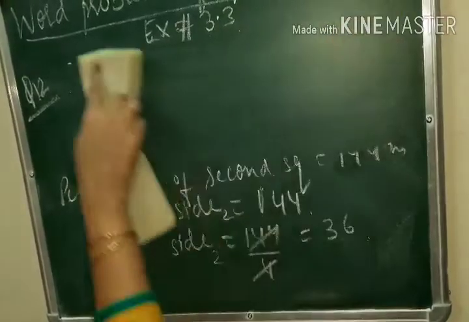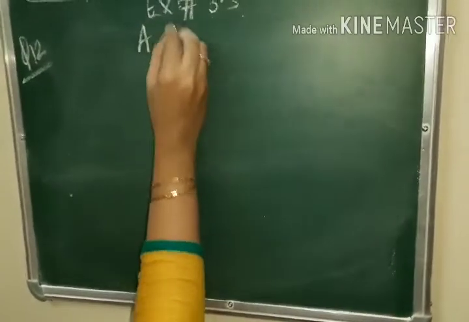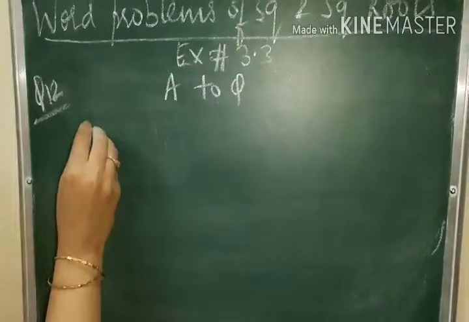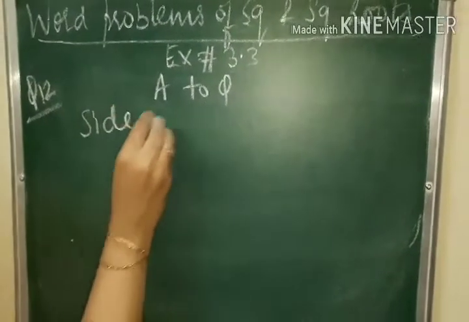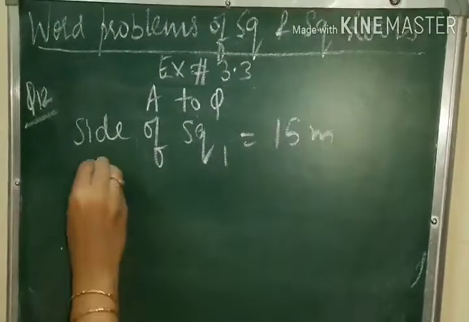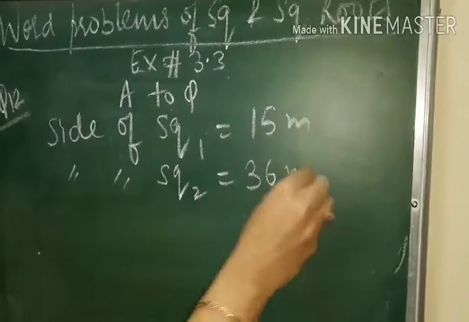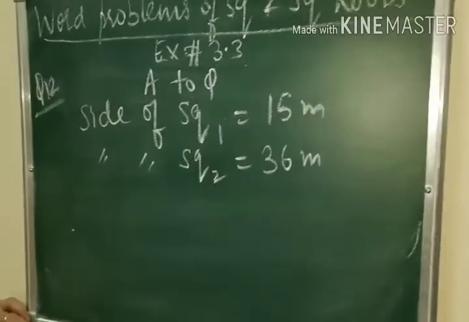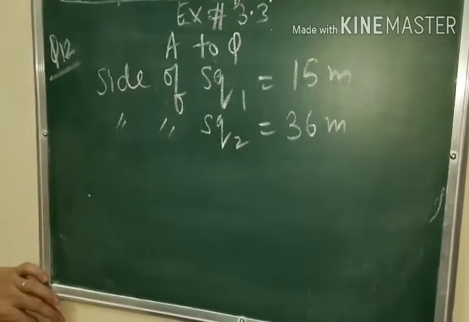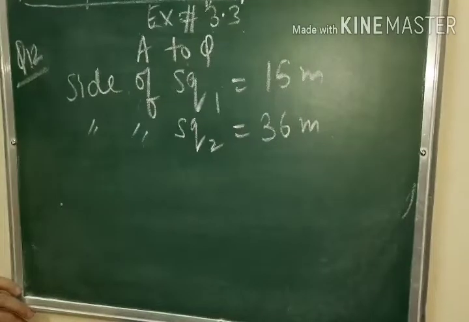Perimeter, you have to find the perimeter of another square. So according to question, what is there? We know that side of square 1 is 15 meters. Side of square 2 is 36 meters. Now it is given in the question, find the perimeter of another square equal in area of the sum of the two squares.